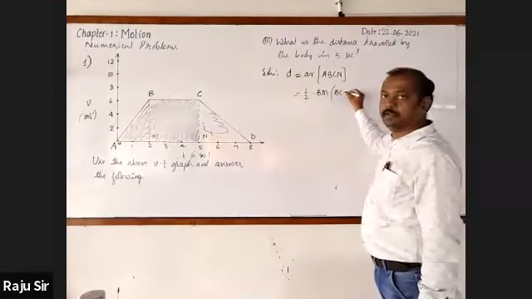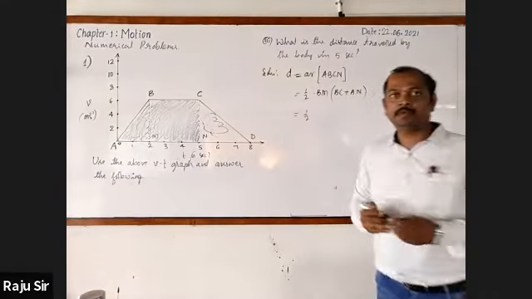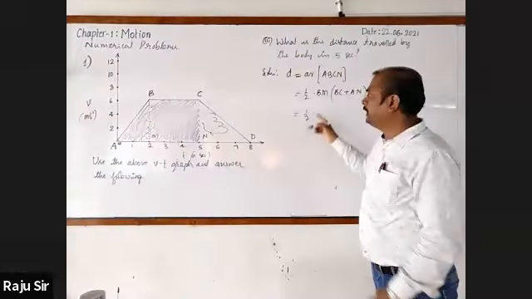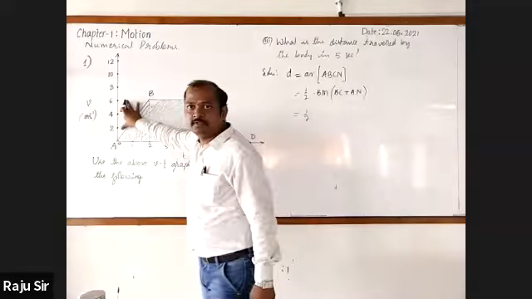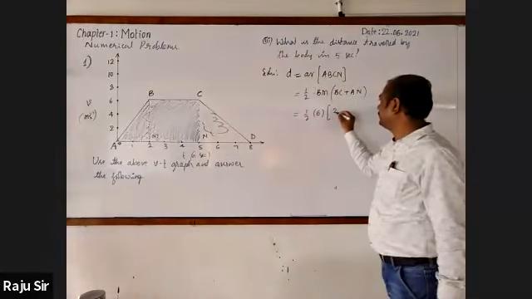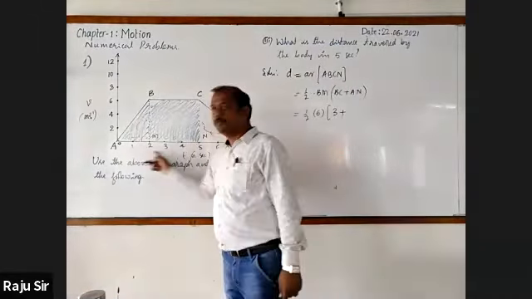Half into BM. BM is 6 units. Then BC is 3 units, plus AN. A to N, 5 units.